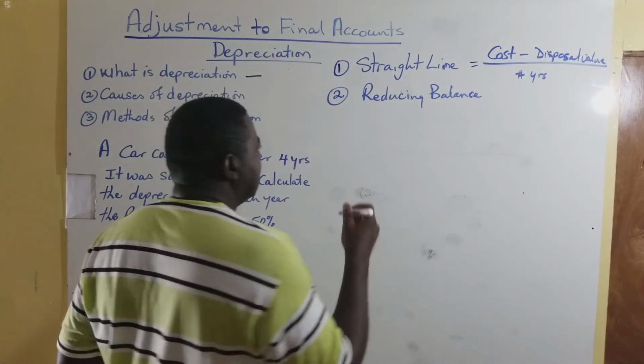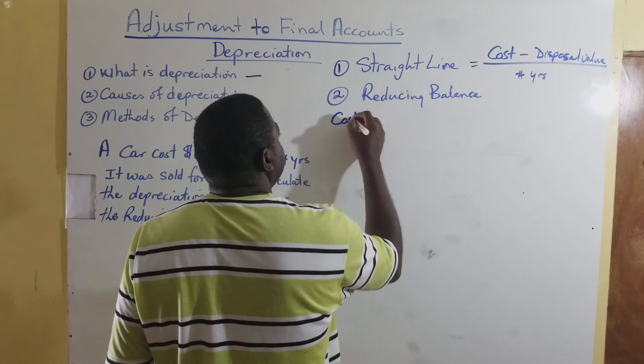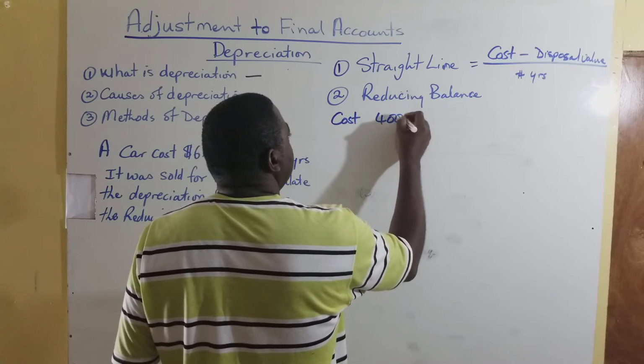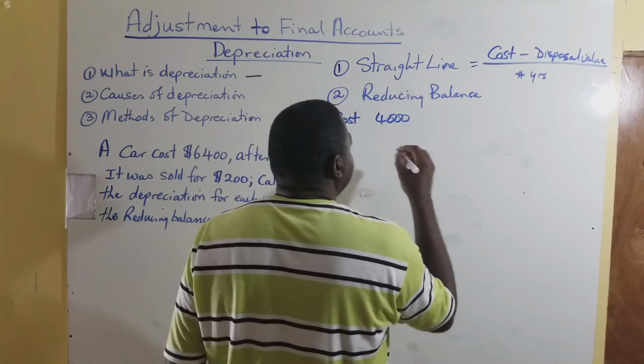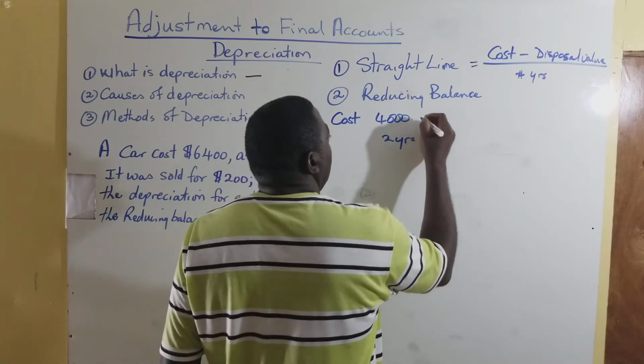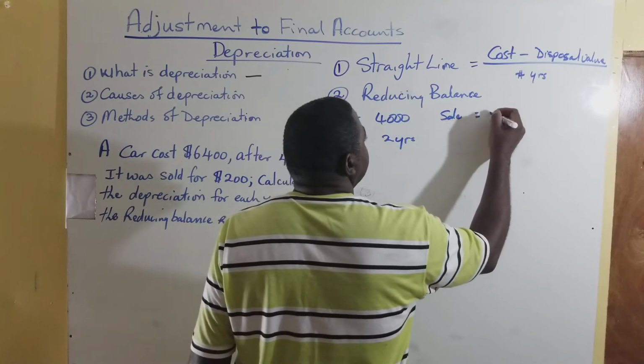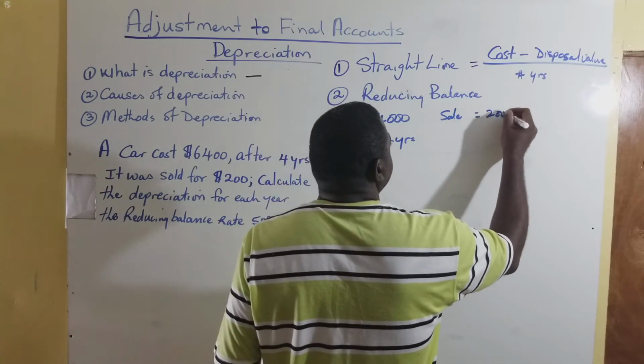So for argument's sake, if the asset cost $4,000, and you use it for 2 years, and when you are selling it, the sale price was say $2,000.